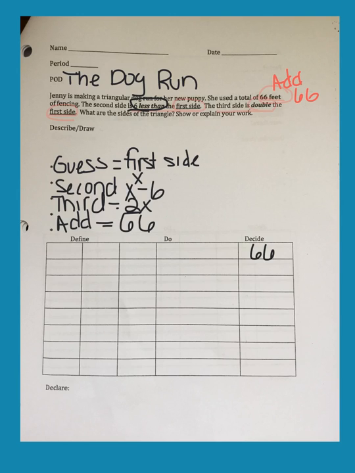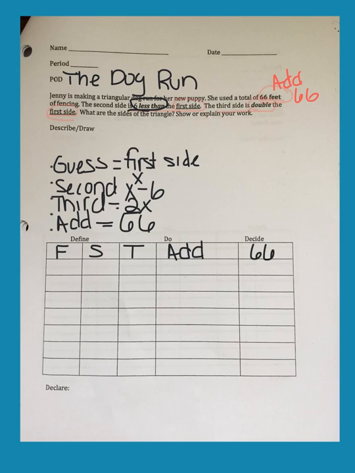So my define section is the sides, and I look at how many sides are mentioned, and there are 3 sides mentioned, so I'm going to write first, second, third, and that is my define section. It talks about how many sides there are. The do section is what we're going to do once we get the sides, and we're going to add them together, and the decide is 66.